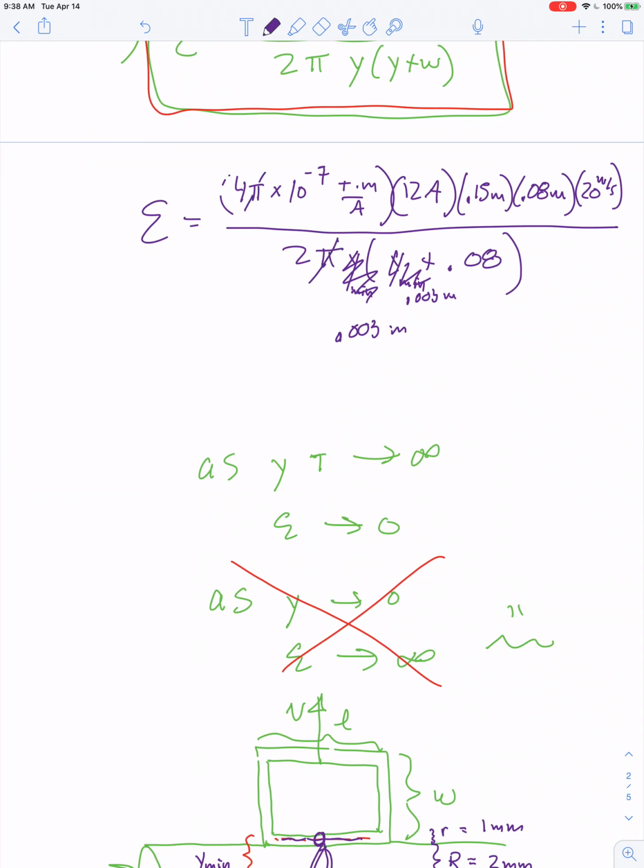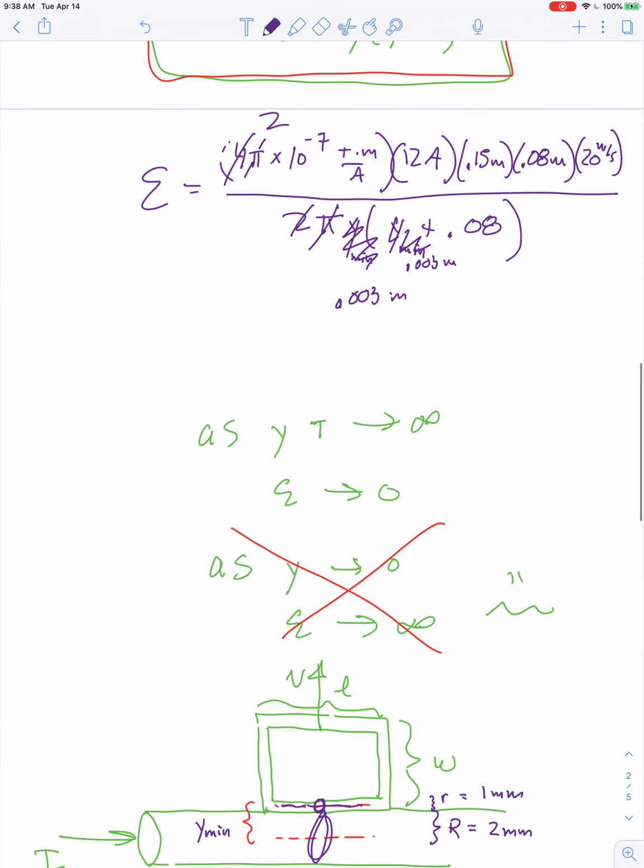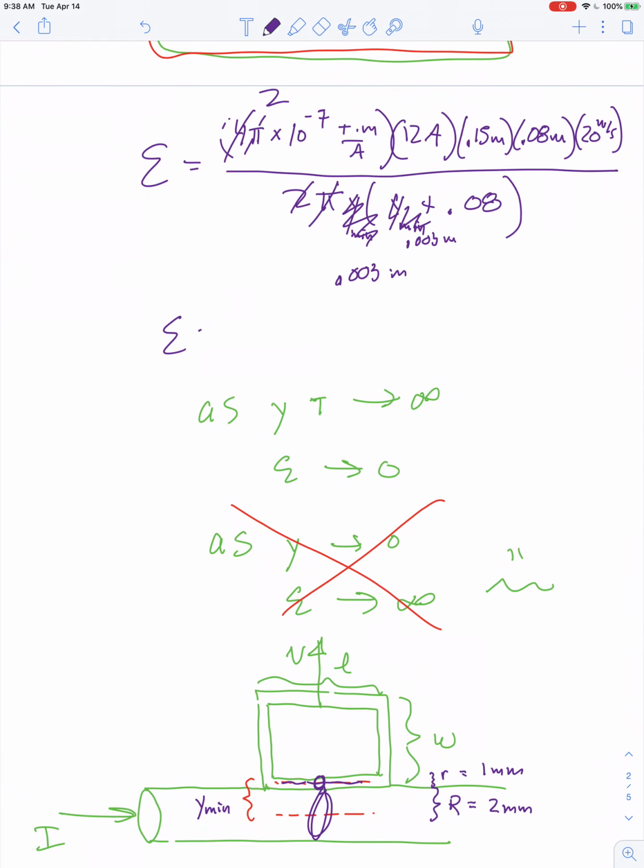So the pi cancels out. 4 divided by 2 gives us a 2. So now we've got an EMF of 2 times 12 times 0.15 times 0.08 times 20 times 10 to the negative 7th divided by 0.003 times 0.083.